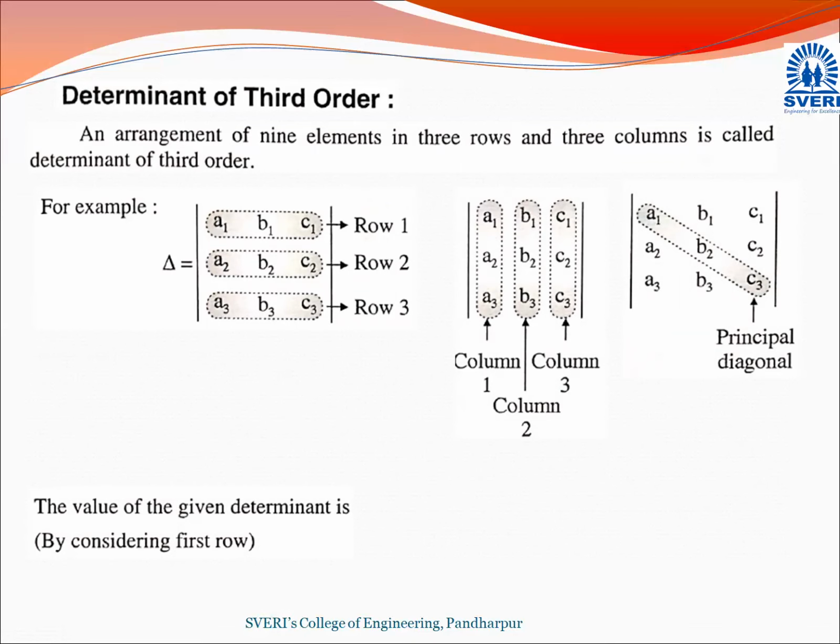There are 3 rows and 3 columns: a1, a2, a3, b1, b2, b3, c1, c2, c3. In this determinant, a1, b2 and c3 are called the leading diagonal elements or principal diagonal elements.